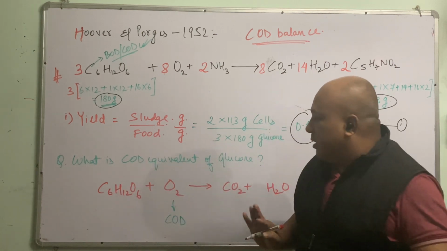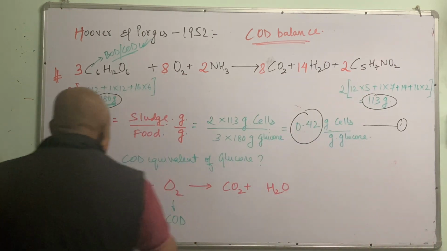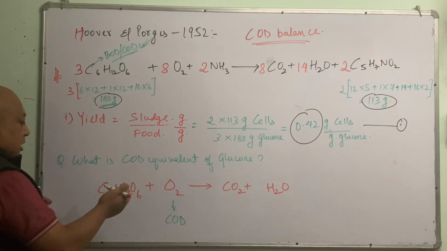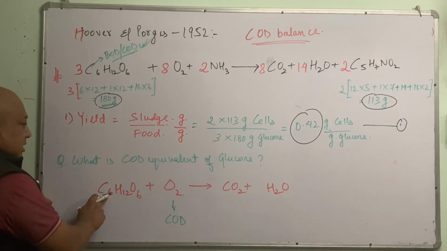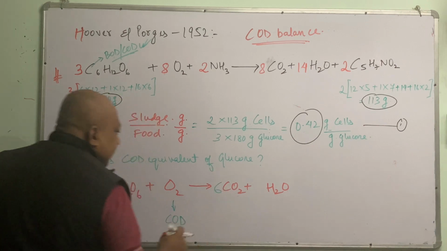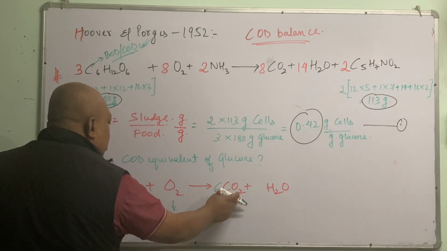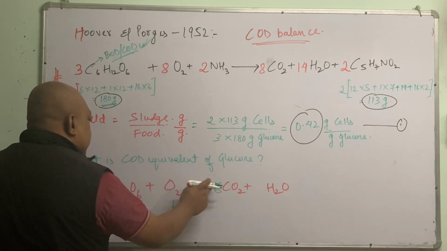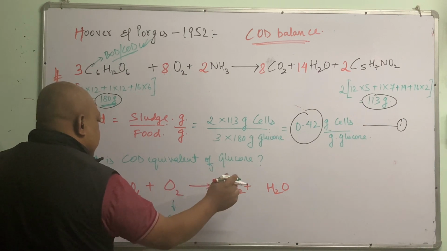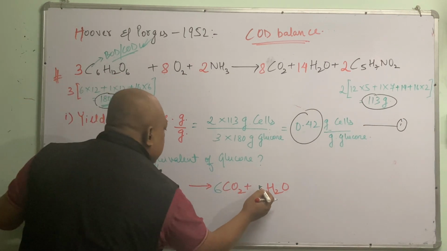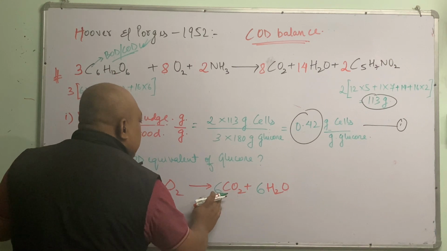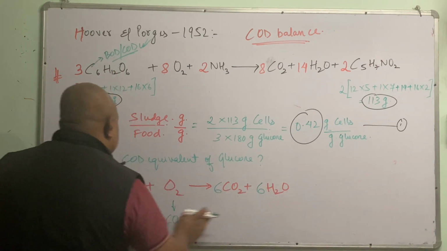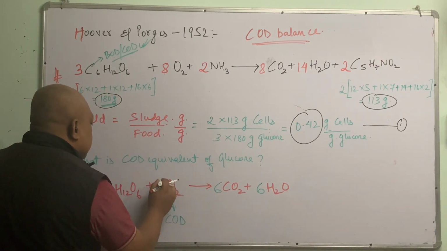Now, from this equation, first you have to balance. Carbon is 6, oxygen is 12, 6, 6, 12. Hydrogen 2, hydrogen 12, so you put 6 here. So 6 to the 12, oxygen 12, 18, 6, 12 is left, 6, so 6.